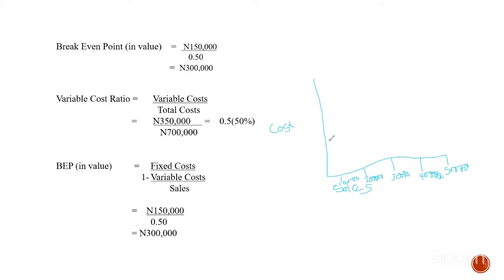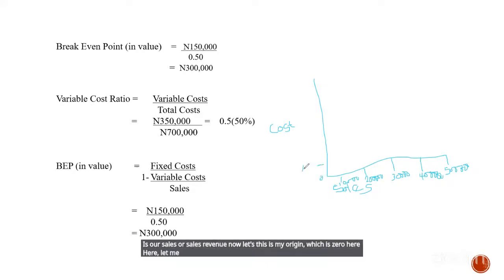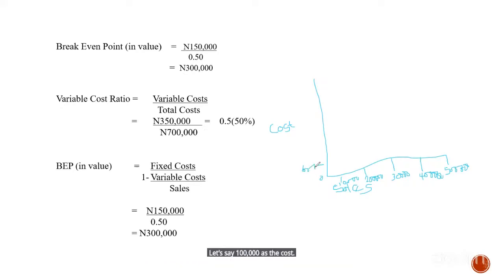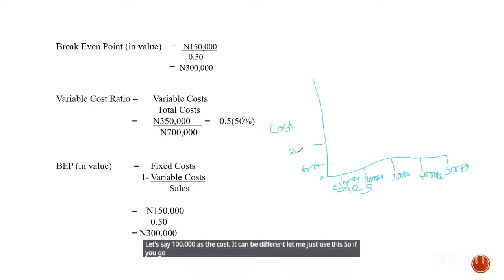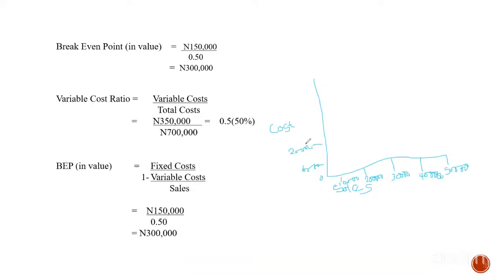This is our sales or sales revenue. Now this is my origin, which is 0 here. Here, let me have the same, let's say 100,000 as the cost. It can be different, but let me just use the same figures. This is 200,000, 300,000, 400,000, and then let's say 500,000.